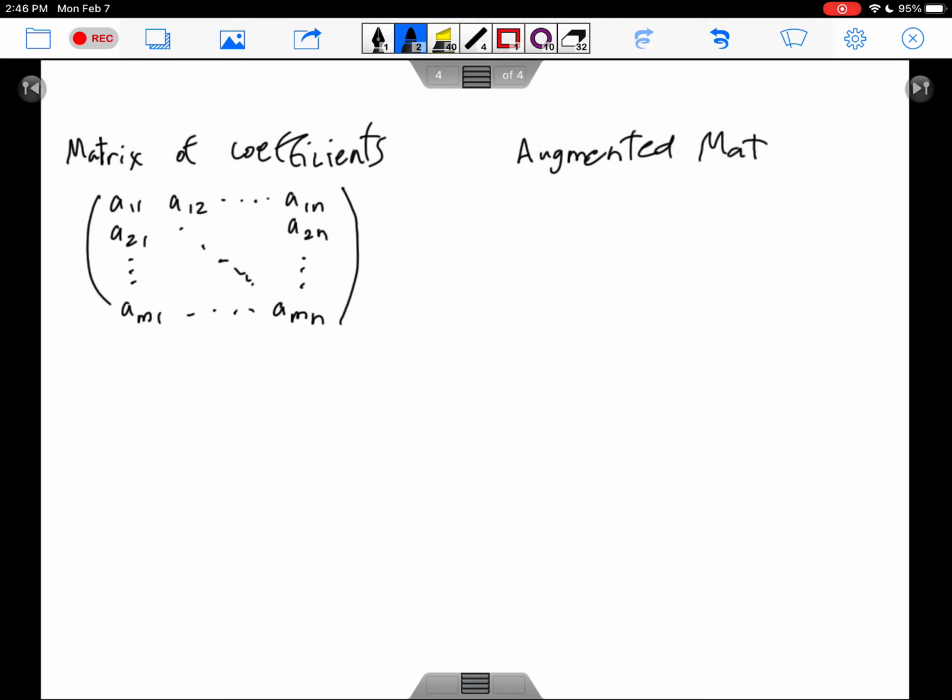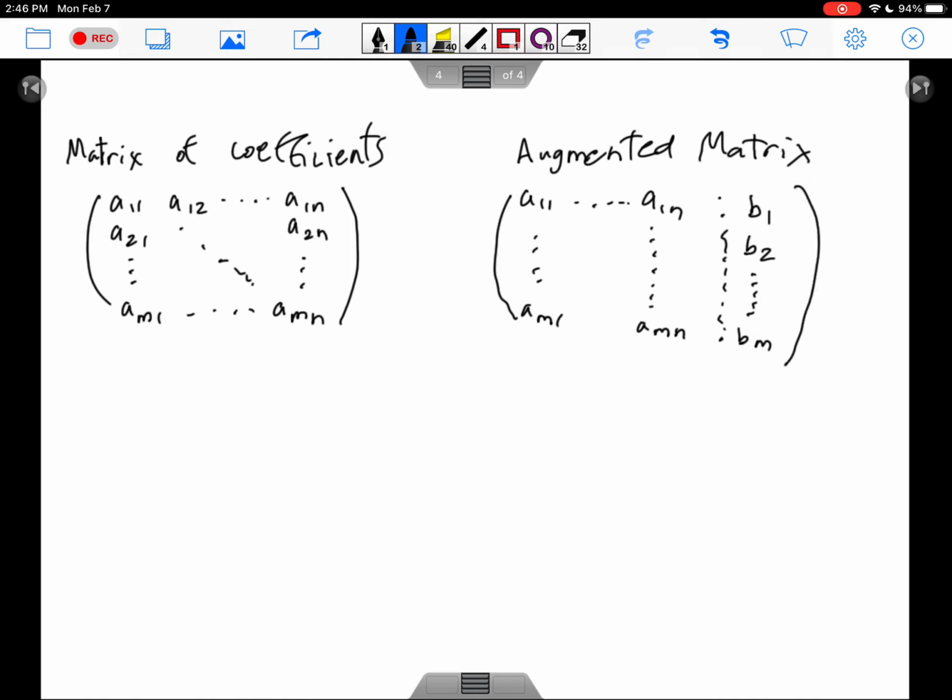So for this, we have something called the augmented matrix. That's when you put all of the A's, and then we put a line, and then we put all of the B's. You could put a solid line or a dotted line, but we have a line and then all of the B's.